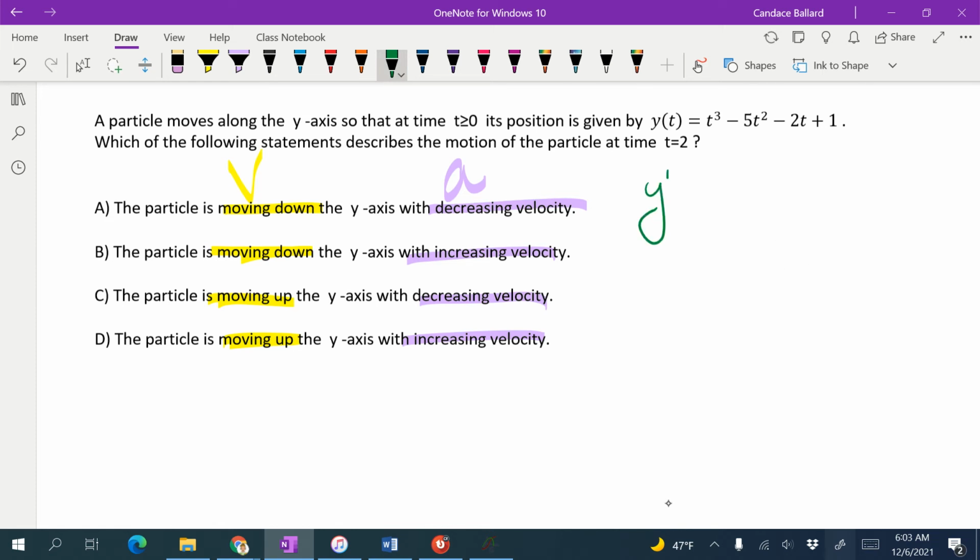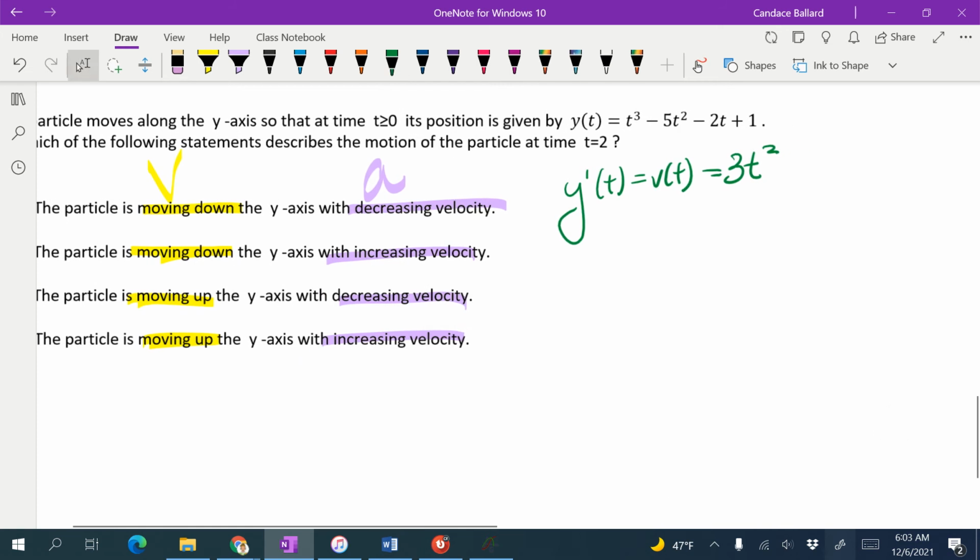So y prime, which we know is the velocity, is going to be 3t squared minus 10t minus 2. So I need to examine that at time 2. So y prime of 2, or the velocity at 2, equals, let's see, 2 squared is 4 times 3 is 12.